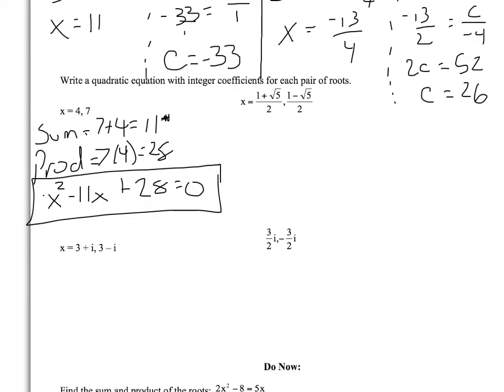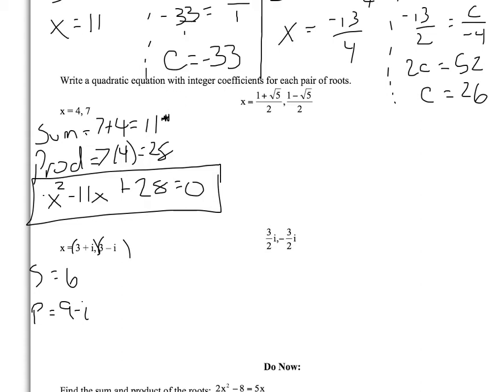So, let's move down to the one below. The sum, add the roots up. 3 plus 3 is 6. i plus negative i is 0. For the product, we have to multiply. So it's going to be 9. Plus 3i minus 3i is going to cancel out.